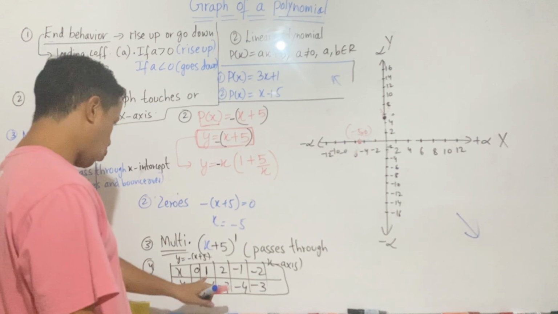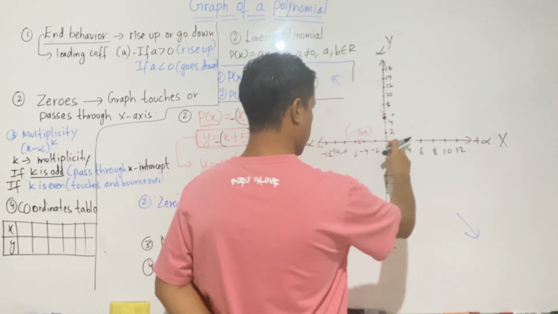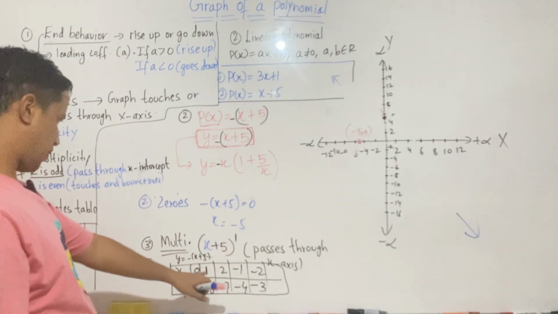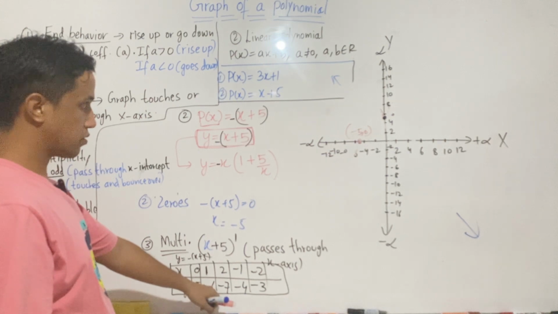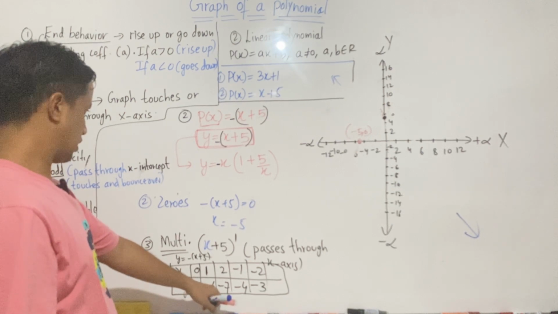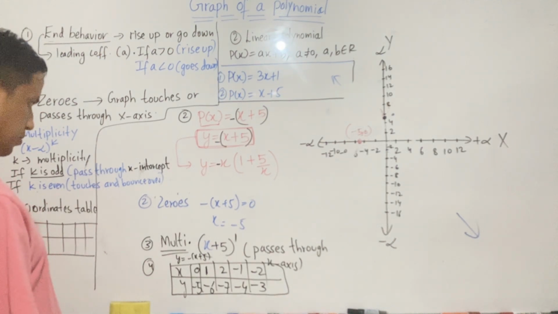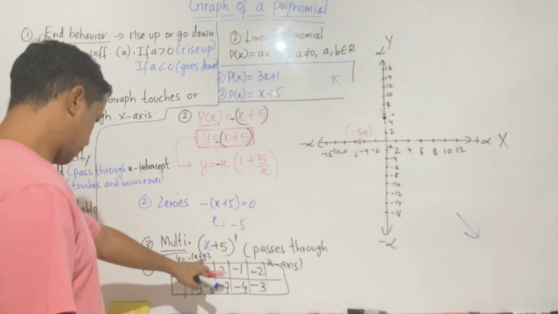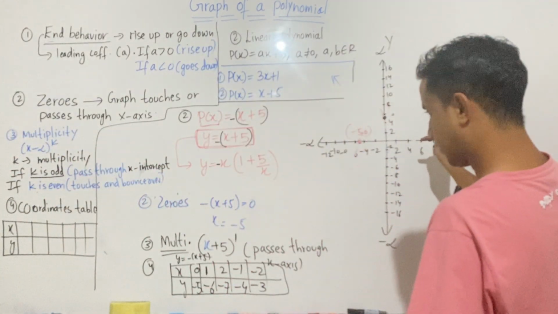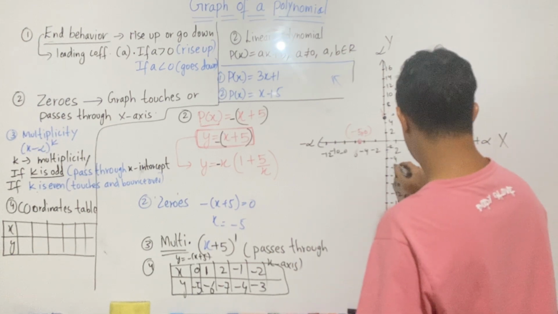If you put x as 1, y will be minus 6. So if x is 1, y is going to be minus 6, means this point.